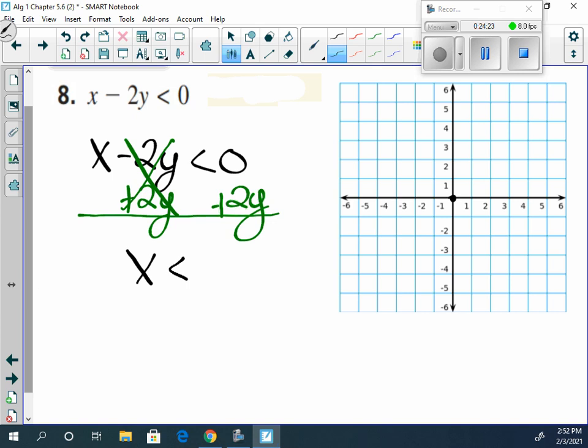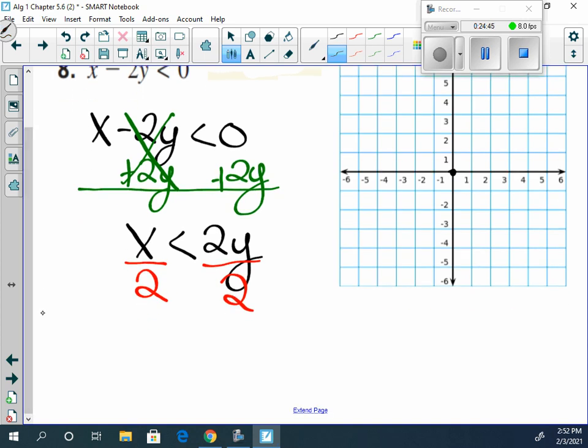So that'll tell us x is less than 2y. Yeah, we can divide both sides by, not x, but 2. Because what we're wanting to do is get y by itself.